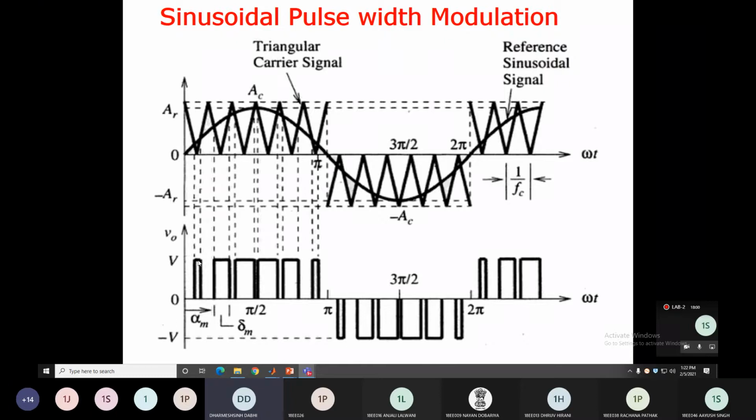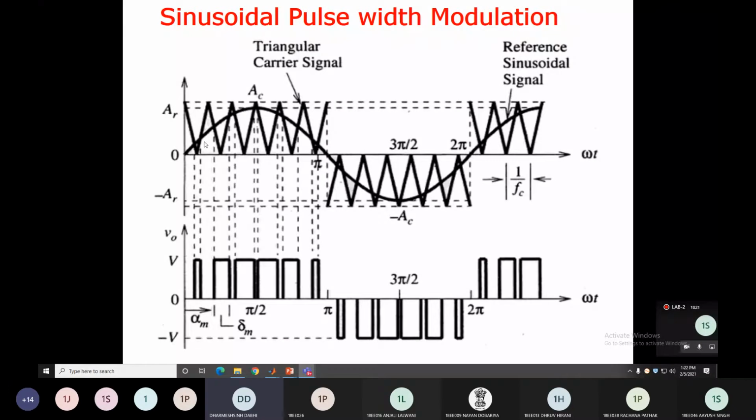But as you move from 0 to 90 degrees, as the magnitude of the sine wave increases, you get a longer period where the reference signal is more than the triangular wave. This width is large, and at 90 degrees you get the maximum width of the output voltage.